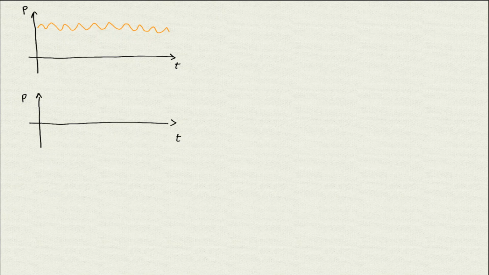So if I remove the mean or detrend it, that is what we're going to get, something like that. Then the mean is going to be 0. So we detrend the data set, and this is what we get.